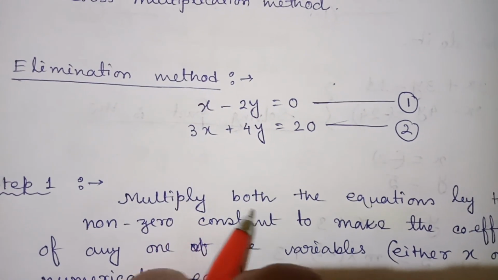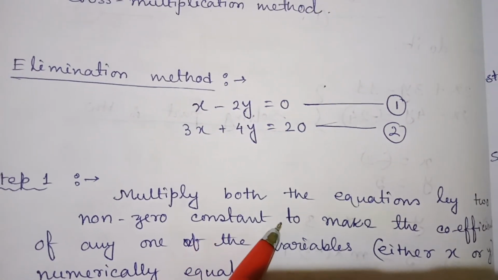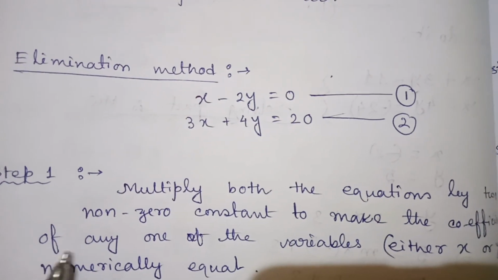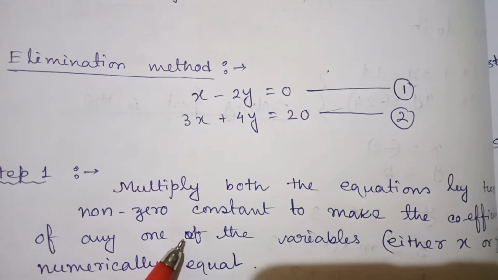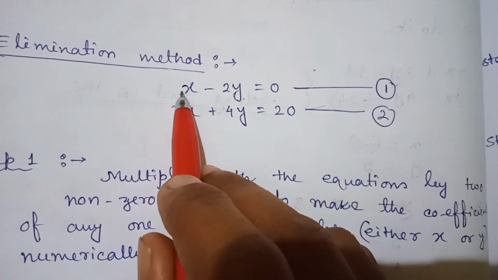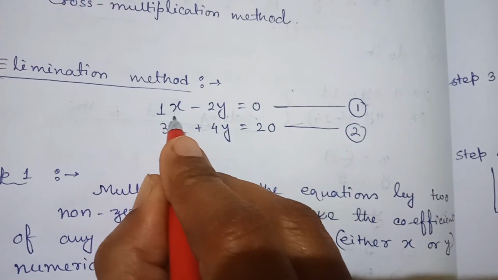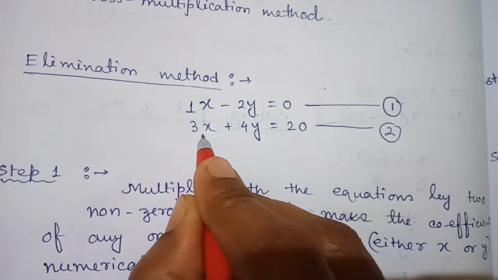So multiply both the equations by two non-zero constants to make the coefficients of x numerically equal. Look at the coefficients. This one is actually 1, right? So this is 1x and this is 3x.